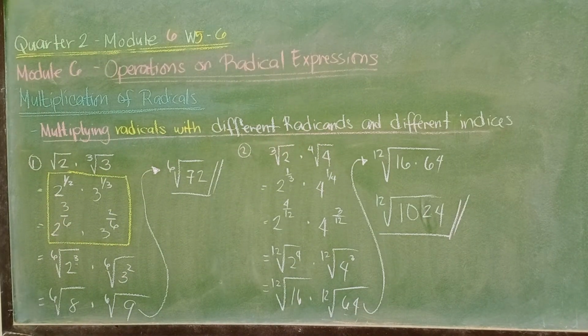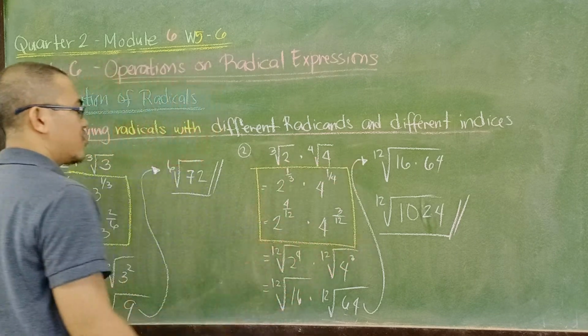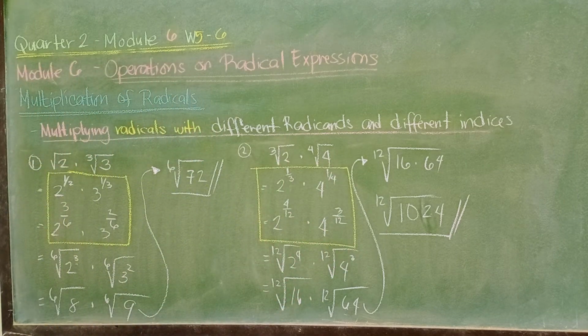So pag hindi sila parehas ng radical, hindi sila parehas ng indices, i-convert mo muna sila into a rational expression na may mga rational exponents. And then kunin mo yung LCD nung mga rational exponents na yun. Pero hindi mo sila pwedeng i-add, tulad nung nasa second lesson natin.